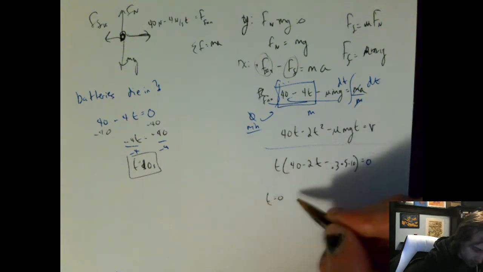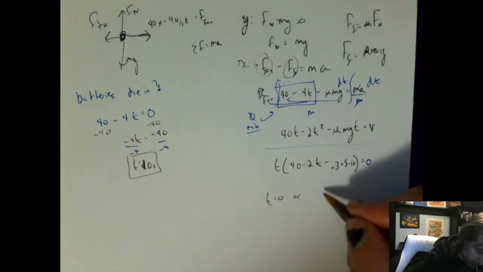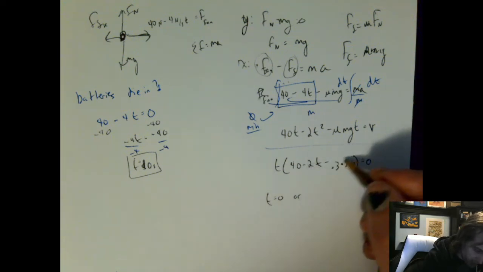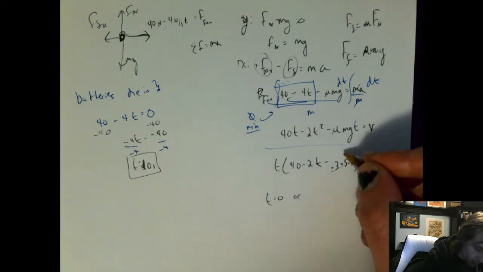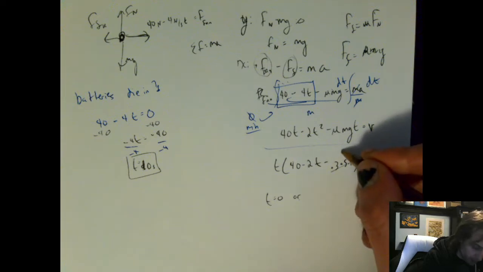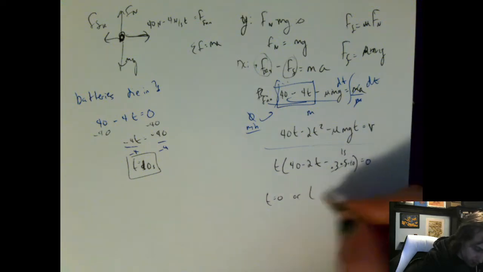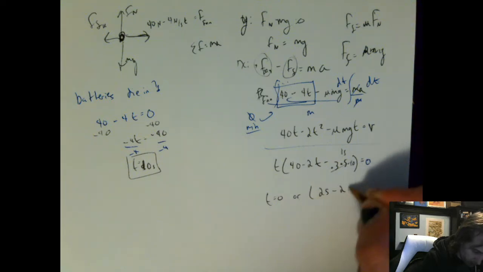We'll either have time equals 0, or if we come over here and do this, we'll have 40 minus 0.3 times 50, which is, well, it's just 3 times 5, so that's 15. So that'll be 40 minus 15, which is 25, minus 2 times t equals 0.